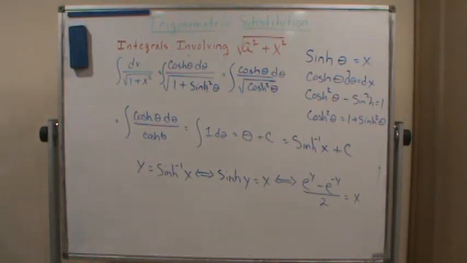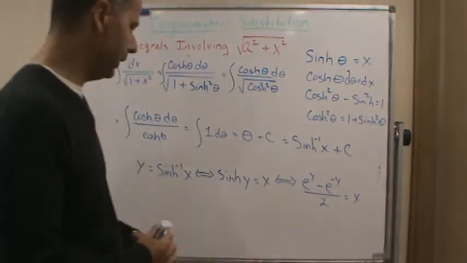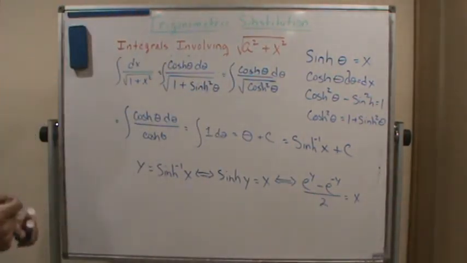Now what I'm going to do is multiply both sides by 2e to the y.